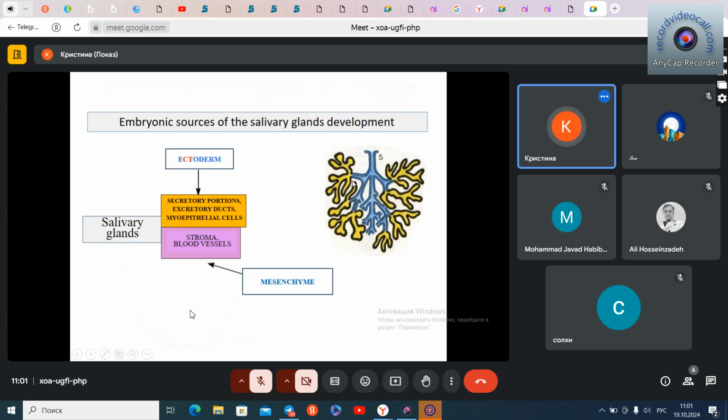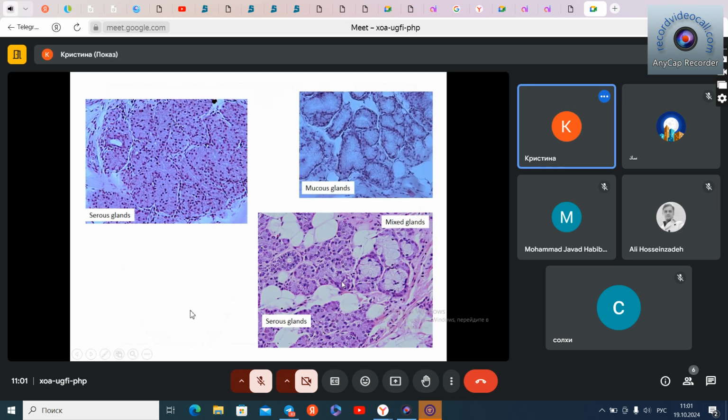Stroma is loose fibrous connective tissue between ducts and secretory portions. This loose fibrous connective tissue contains blood vessels, nerves, some immune cells, etc. So, parenchyma, epithelium of secretory portions and ducts, is epithelium derived from ectoderm. The stroma, loose fibrous connective tissue, derives from mesenchyme.